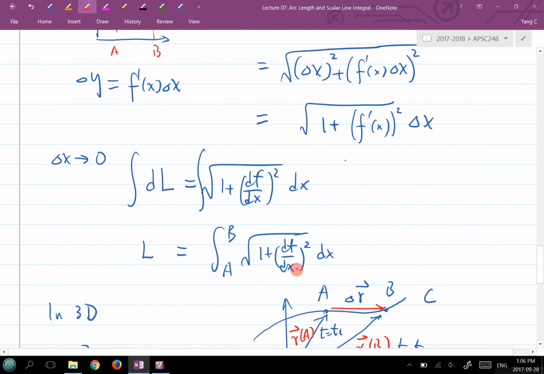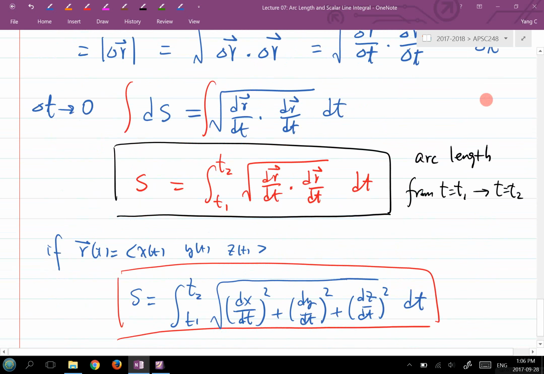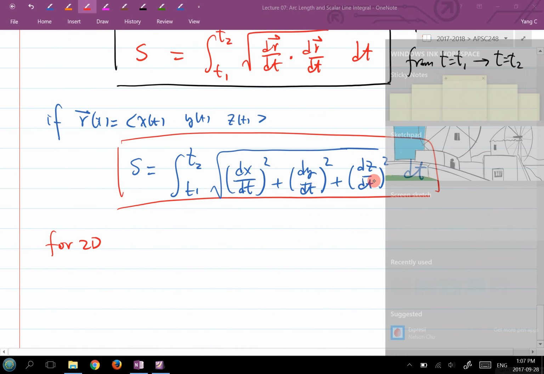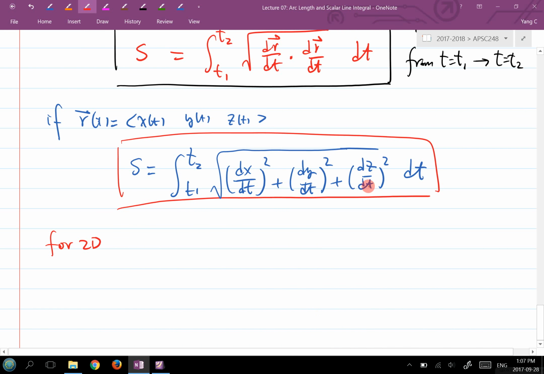Let's take a look at this scenario. For 2D, the z component is 0, so z of t is always 0.